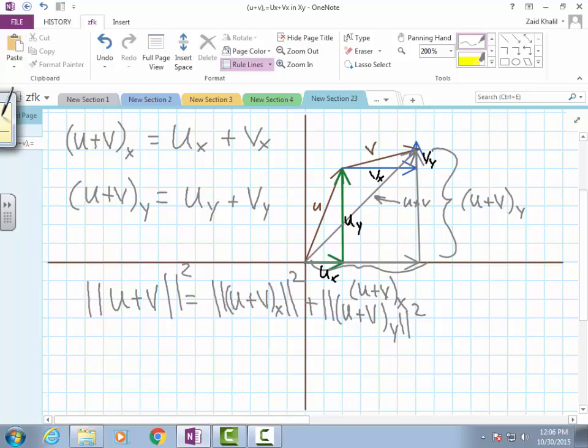Of course, that is just simply the Pythagorean theorem. Any questions so far? So now the last piece is, how do you find angles? For instance, let's zoom in on this guy. How would I find this angle? Call that theta 1. Yes?